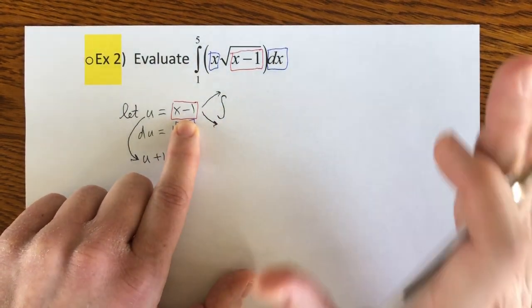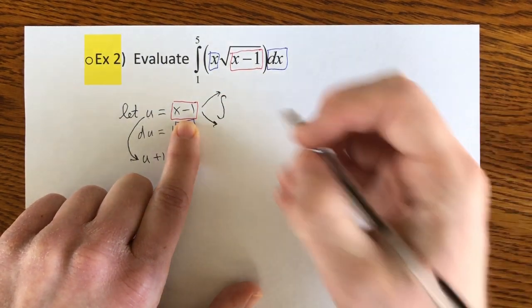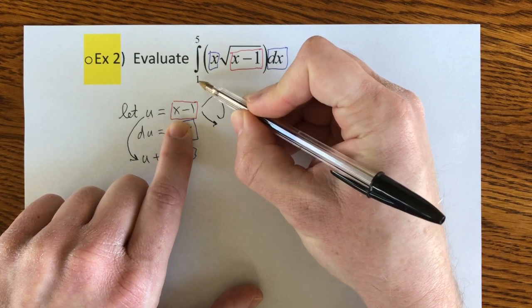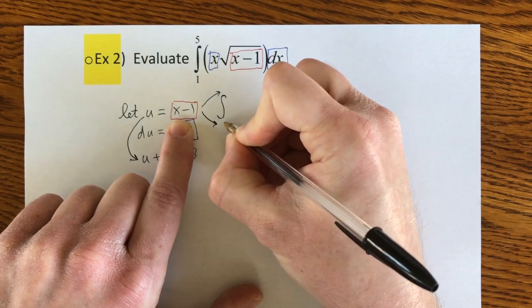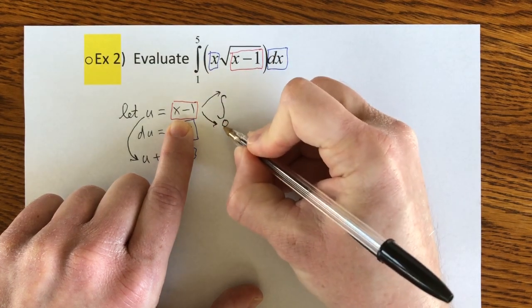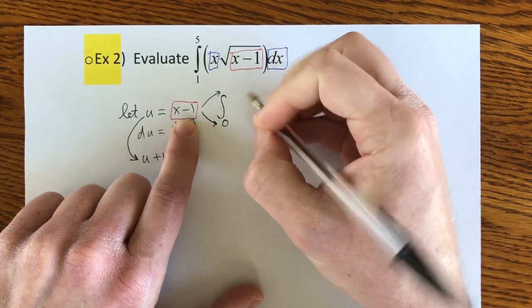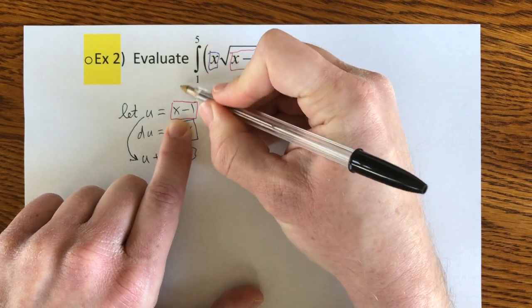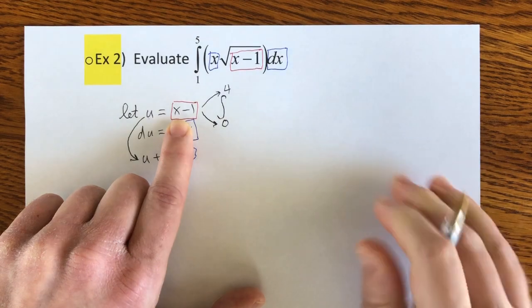Your lower limit was originally 1. Plug a 1 into this x. 1 minus 1 is 0. 0 is your new lower limit of integration when this is in terms of u. 5 was our initial upper limit. Plug it in. 5 minus 1 is 4. Put your 4 right there.